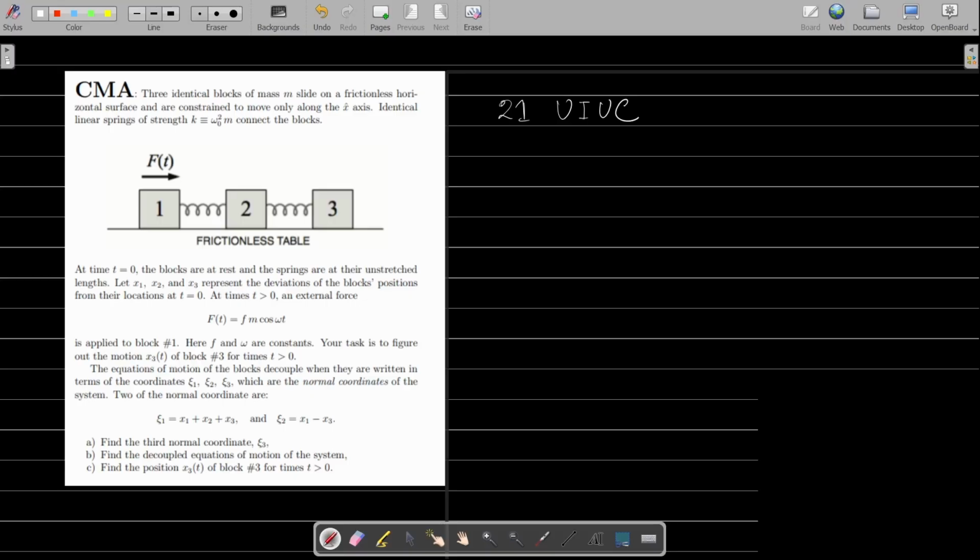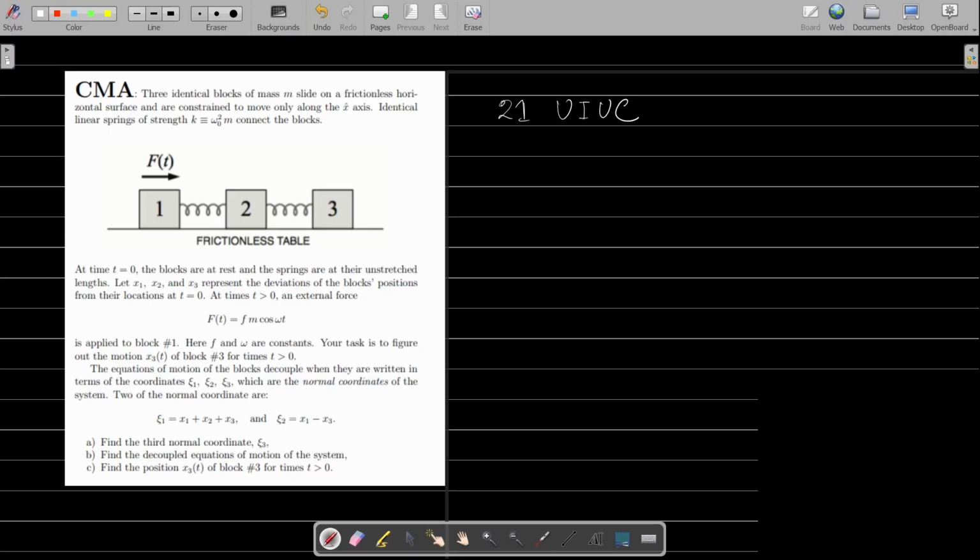The reason I'm solving this problem and sharing it with you is that it forced me to find a formal way to come up with normal coordinates. Usually, when we try to find normal coordinates, we use the symmetry of the system and try to come up with an ansatz.